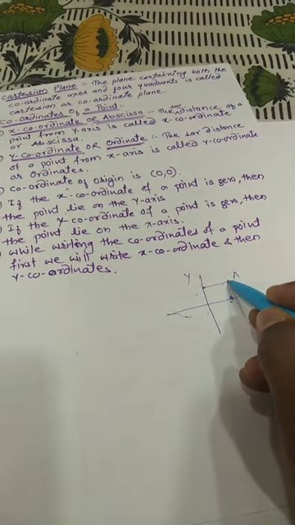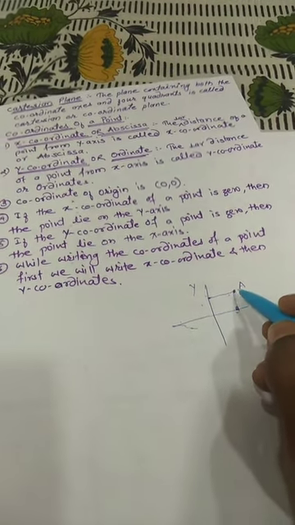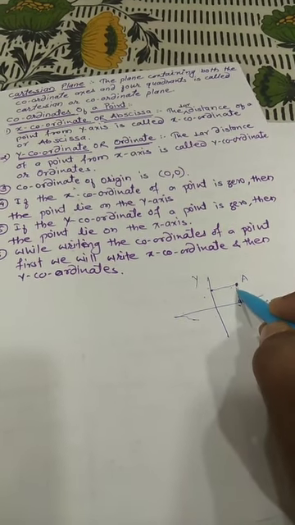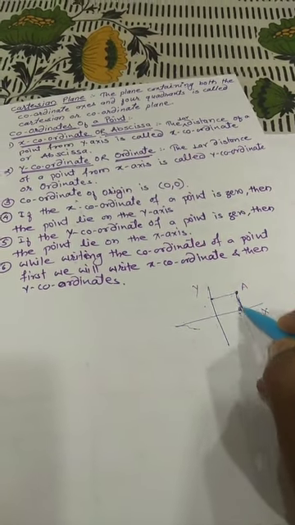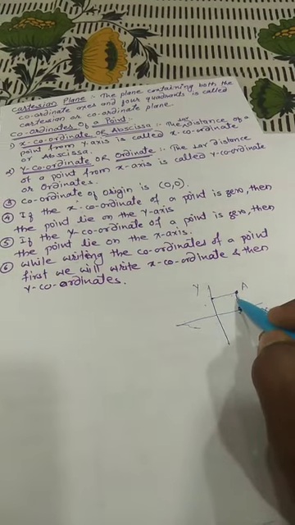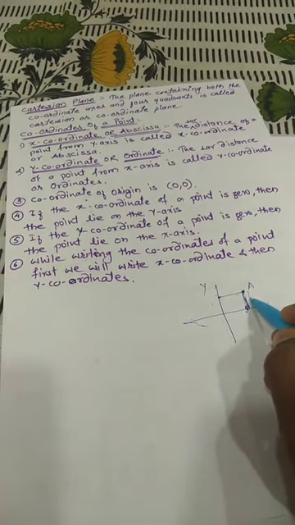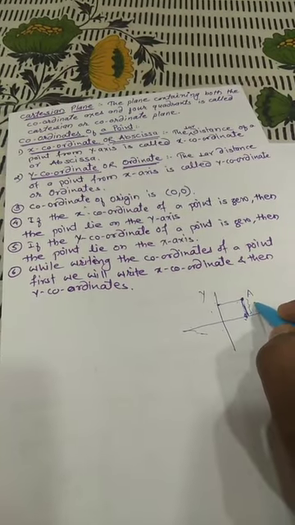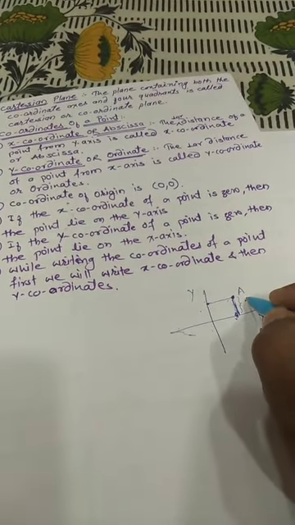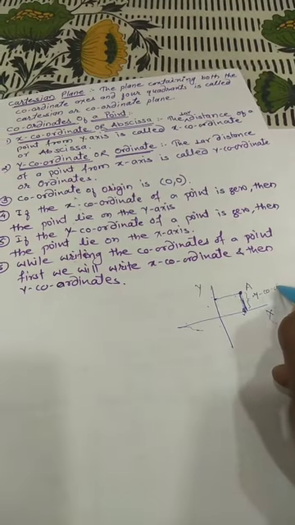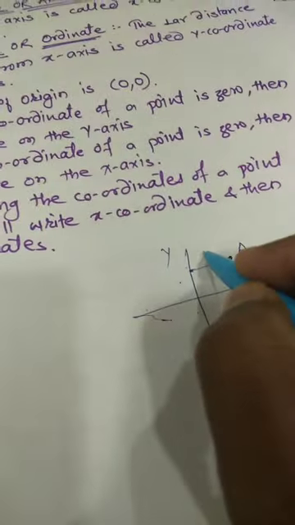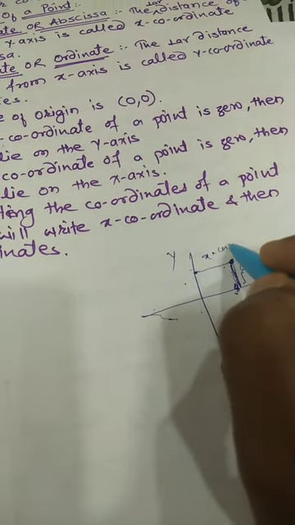The perpendicular distance of this point from the x-axis, how much distance it covers, that is called y coordinate. This is the y coordinate, and this is the x coordinate.